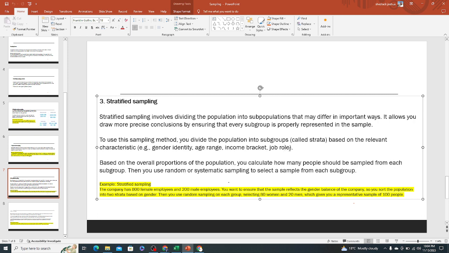Whereby now if we are talking about department, we are grouping them according to job role. Like we are coming with a group of IT team, operations team, HR team. So you can see those are strata.